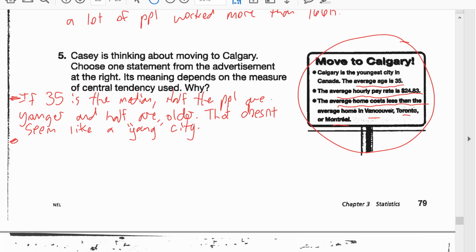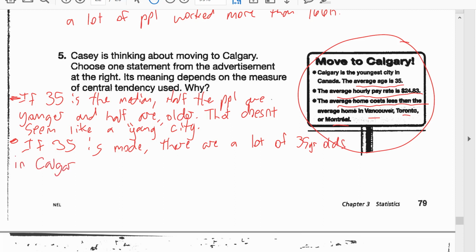The next point said the hourly wage was, well, let's just keep talking about the age. If 35 is the mode, there are a lot of 35-year-olds in Calgary.